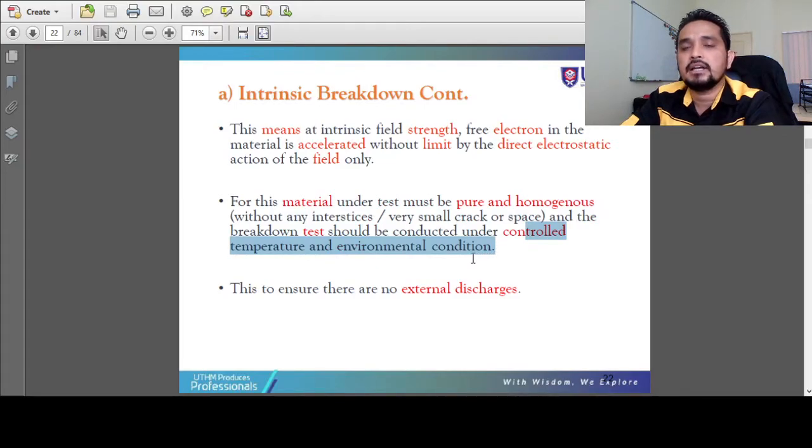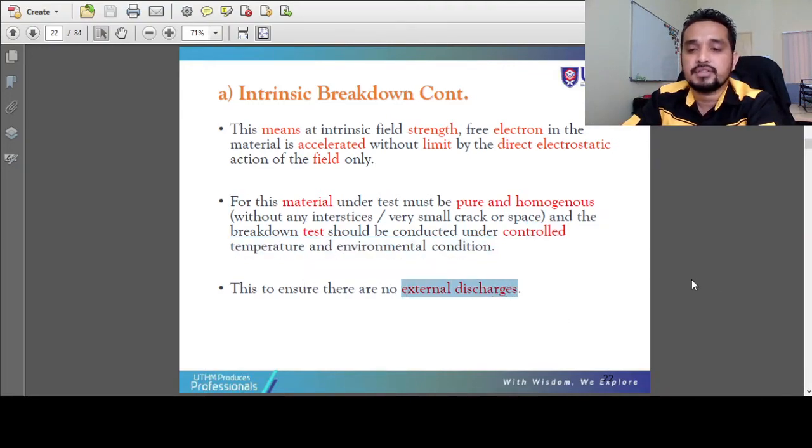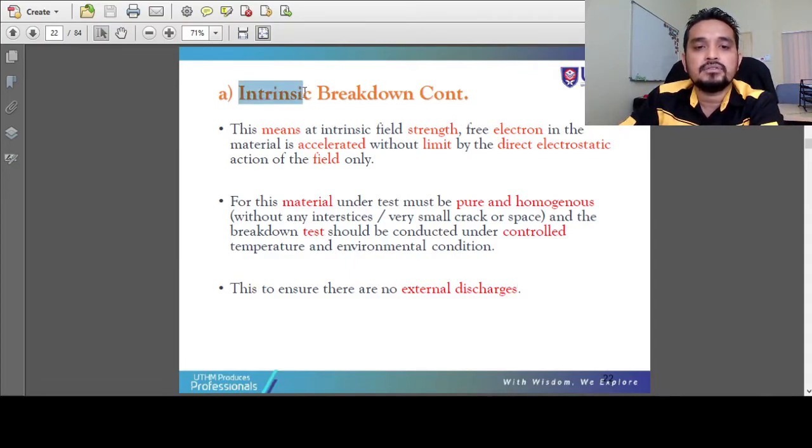You cannot expose it to very high temperature or external defects, and obviously we need to eliminate the effect of external discharge. Then only can we call it intrinsic.